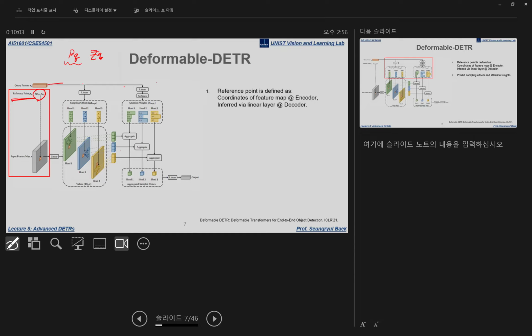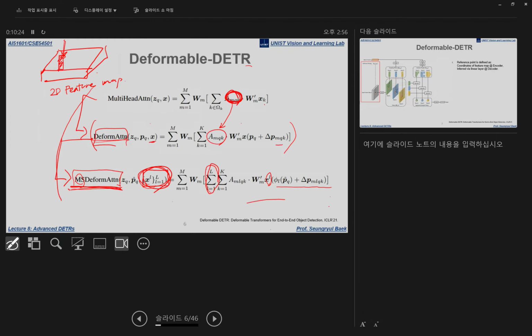From z_q, the query feature, we estimate delta p_mqk, and by applying a linear operation, we also estimate the attention weight. That coincides with my previous explanation. This delta p is estimated from z_q, the query feature, and this A_mqk is also estimated from the query feature. We are not doing multiplication between query and key.